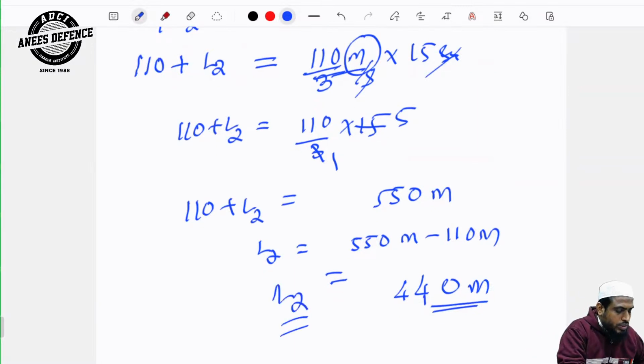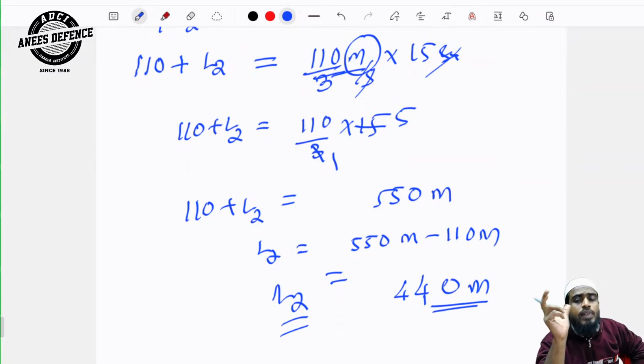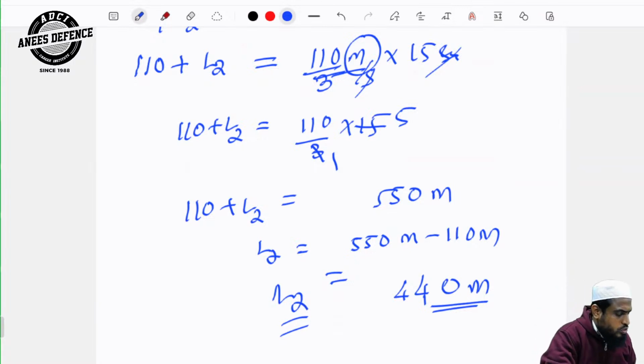So this is an important question. They will ask in two ways. First, they will say that a post is crossed by a train in so many seconds. In that case, the distance traveled by the train should be considered equal to the length of the train. The second case, they will say that a platform or a bridge is covered by a train in so many seconds.